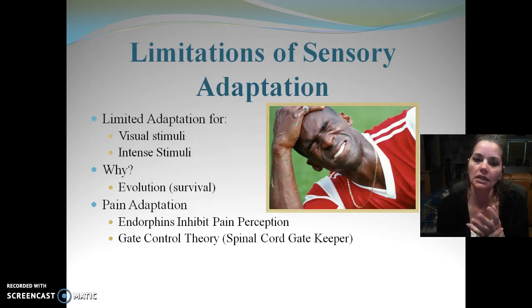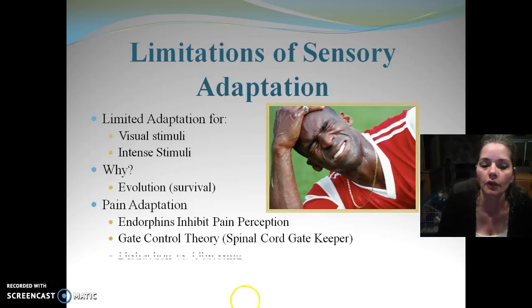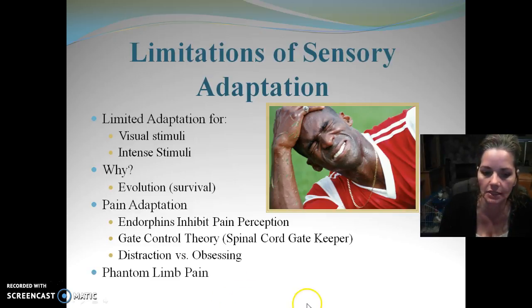That's because those larger pressure signals that we're experiencing are shutting down the gate to the spinal cord such that it cannot send on the message of pain in our little finger. So pressure can often be a nice distractor for pain in specific areas.